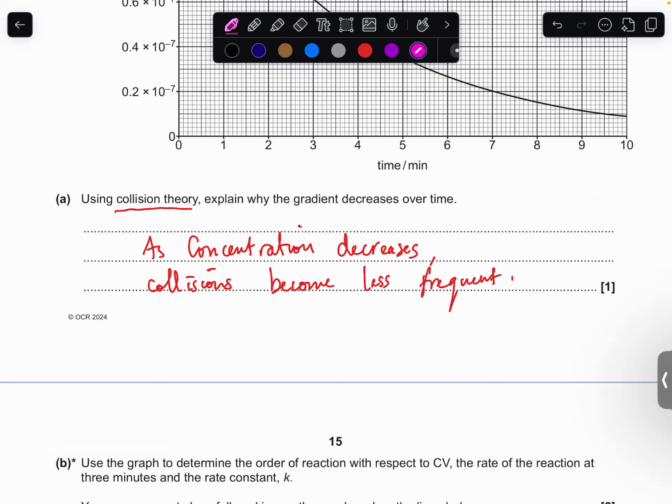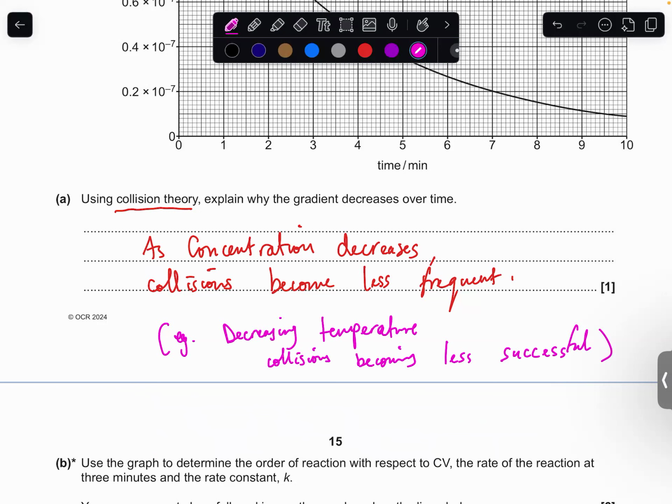I'm just going to go off at a tangent here. If it was temperature, decreasing temperature would actually result in collisions becoming less successful.